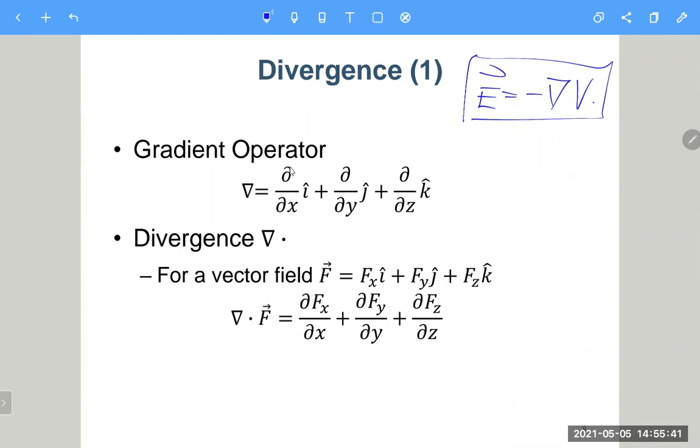So we have partial V partial x in the i direction, plus partial V partial y in the j direction, and plus partial V partial z in the k direction, the z direction. But actually we can just write it individually. So this is called the operator. It can operate on something else, which is usually a scalar field.